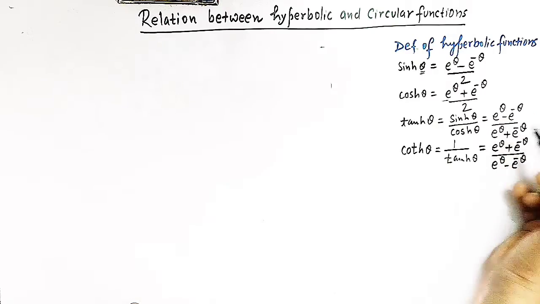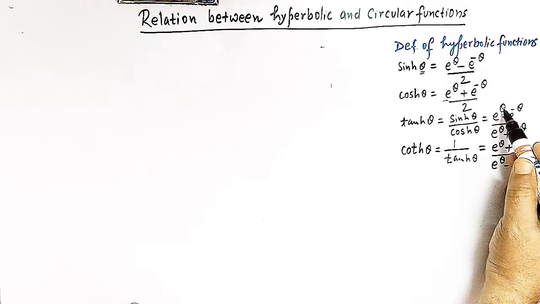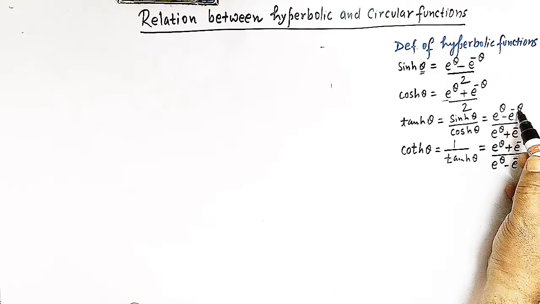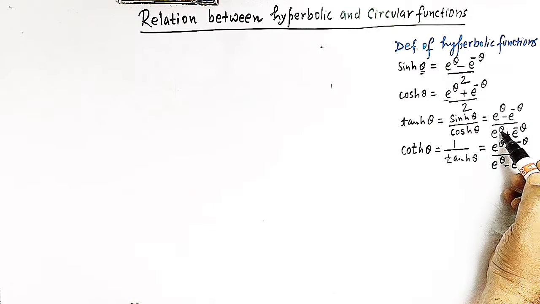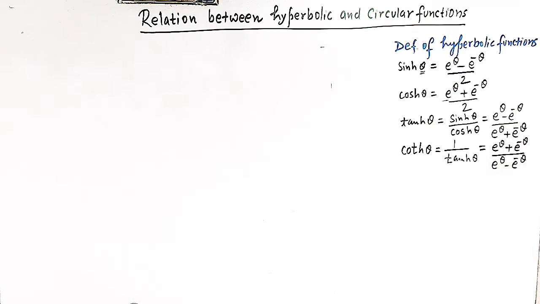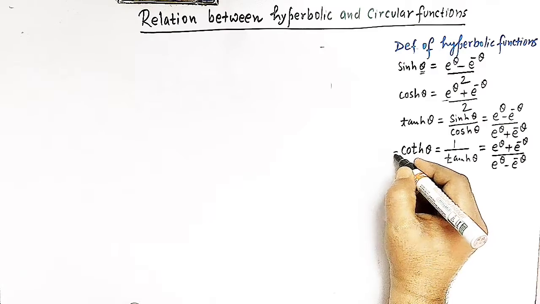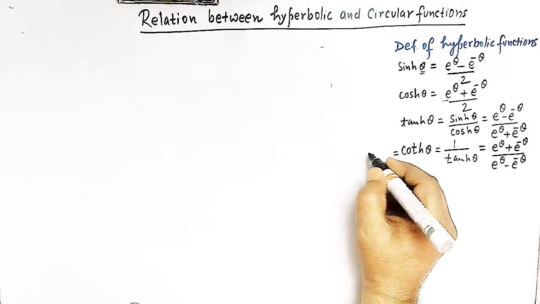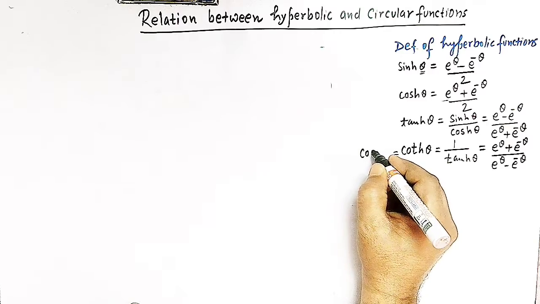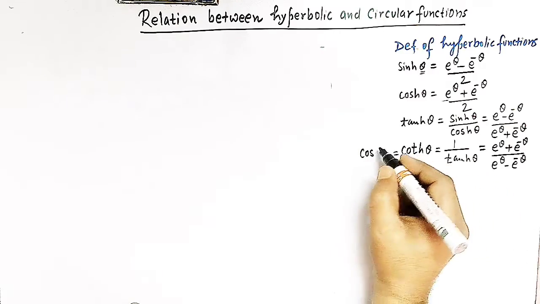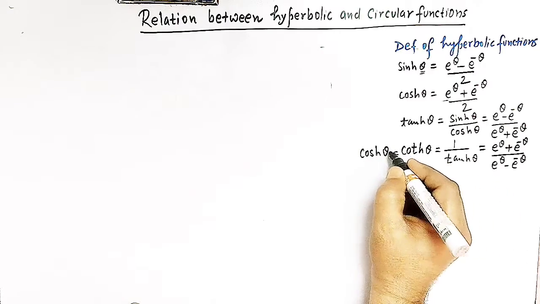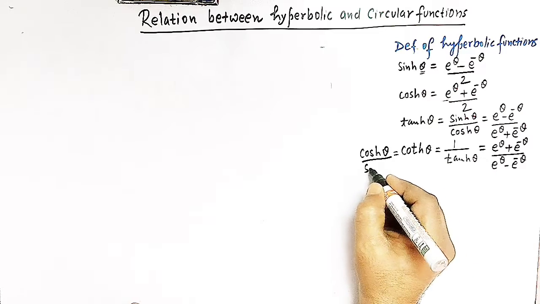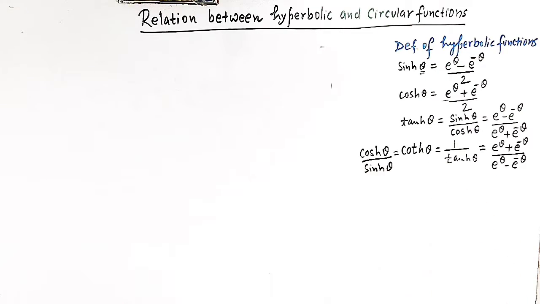So taking the reciprocal of e raised to theta minus e raised to minus theta divided by e raised to theta plus e raised to minus theta. And we can also define the hyperbolic cotangent of theta as the ratio of hyperbolic cosine of theta and hyperbolic sine of theta.